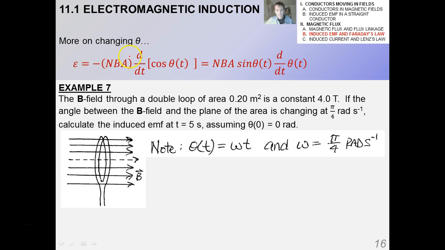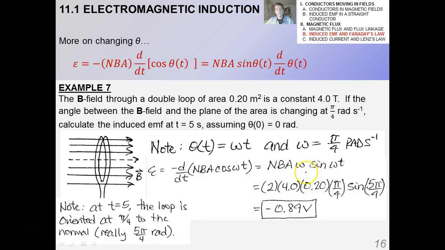Well, in this case, phi of t is omega t, right? And remember, omega is pi over 4 radians per second. That's the angular velocity, okay? Now, the induced EMF would then be negative d phi by dt of all of that, but as I found up here, that's NBA times omega times sine omega t, right? And I end up with negative 0.89 volts, okay?